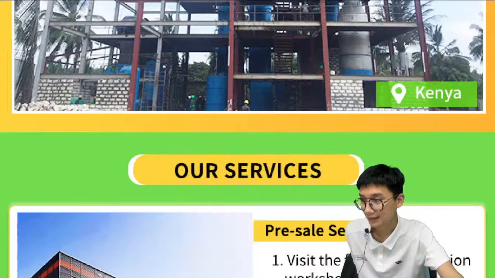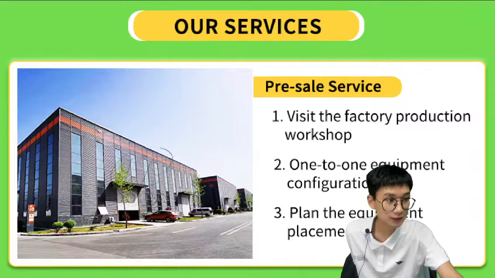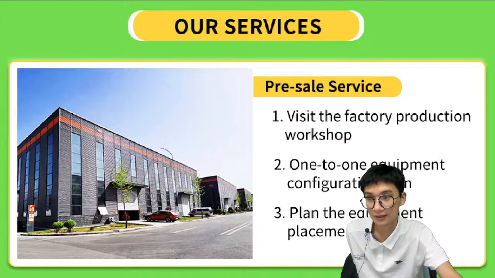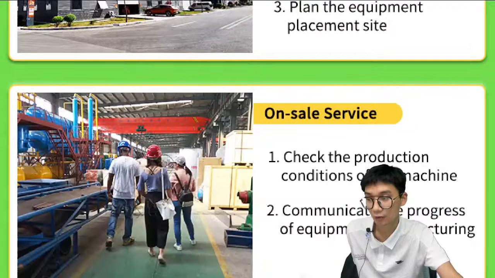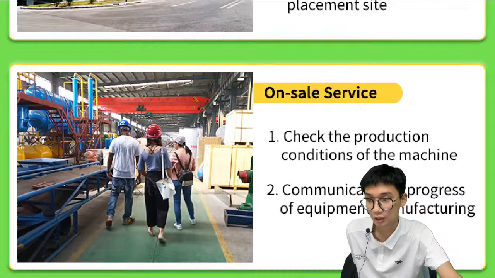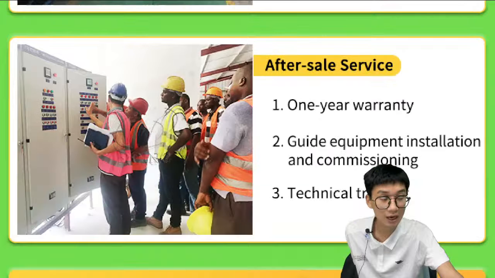Before the sales, we can show you a visit to the factory production workshop, one-to-one equipment configuration plan, and plan the equipment placement site. We can also help to check the production conditions of the machines and communicate the progress of equipment manufacturing. All of our equipment has a 1 year warranty, which means in this year, if anything happens with the equipment, you can contact us.